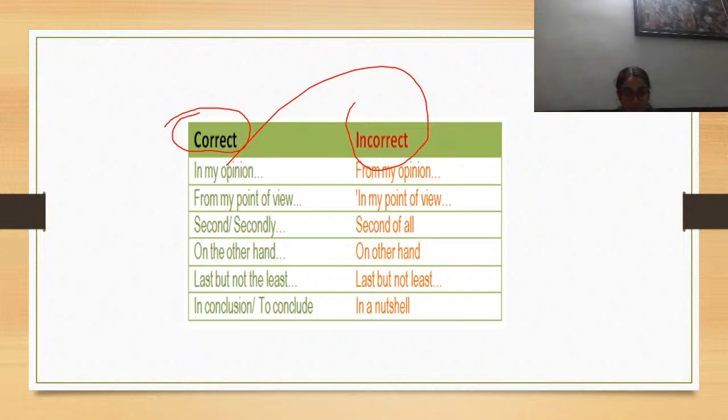Then next is in conclusion. Don't write in a nutshell. It's very, very informal. You don't get marks for writing in a nutshell.